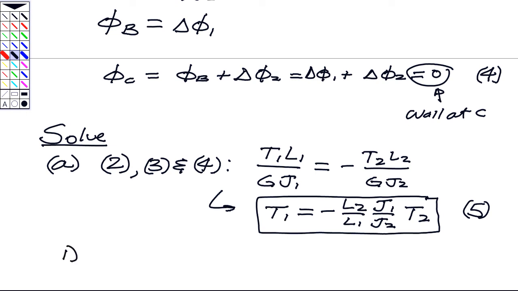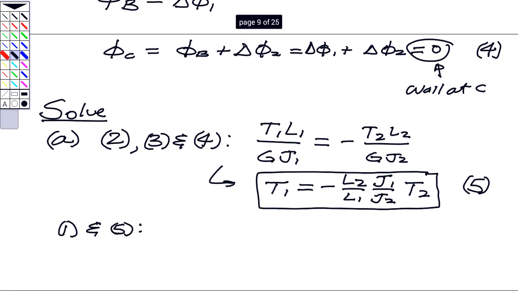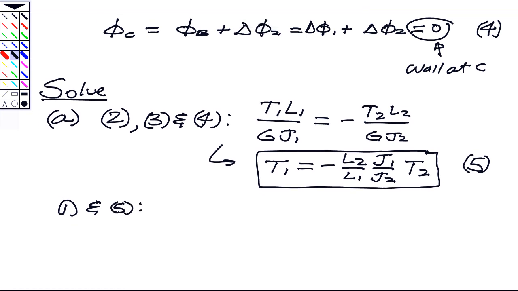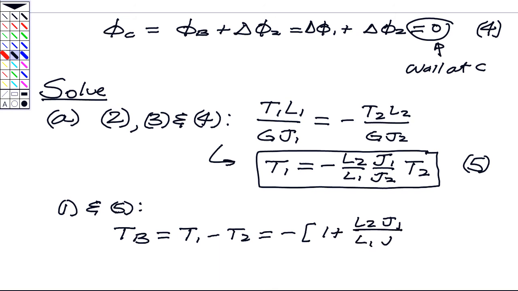We go back to equation 1, combine that with our equation 5, and we get that the applied torque TB equals T1 minus T2. That means that the right-hand side is 1 plus the ratio L2J1 divided by L1J2 times T2.